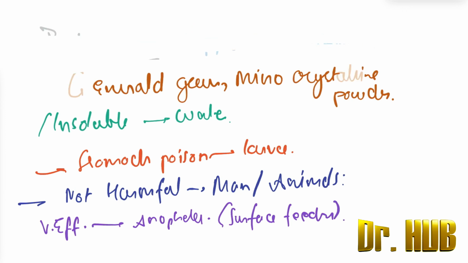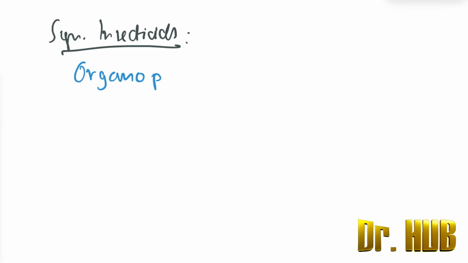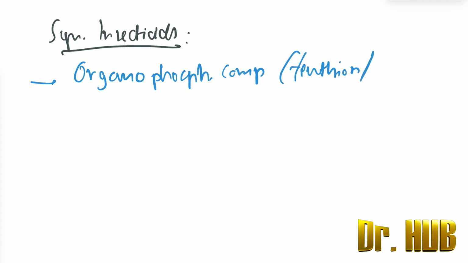Then we move on to the synthetic insecticides. What does this include? There are organophosphorus compounds, that is fenthion, chlorpyrifos, and Abate.